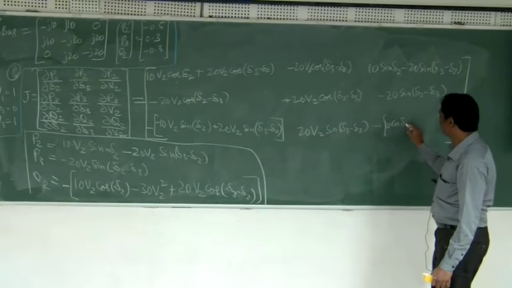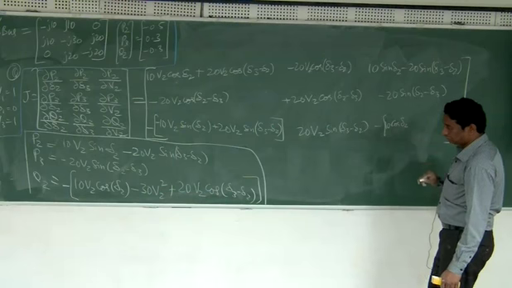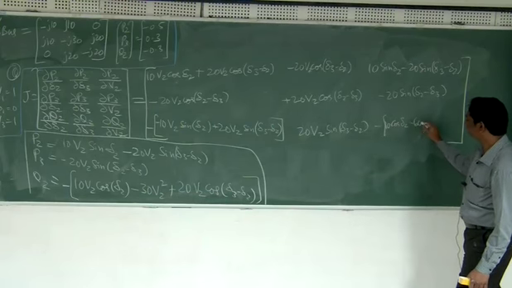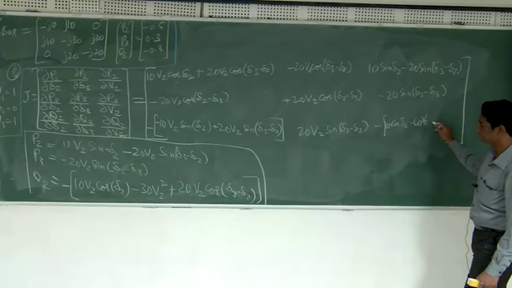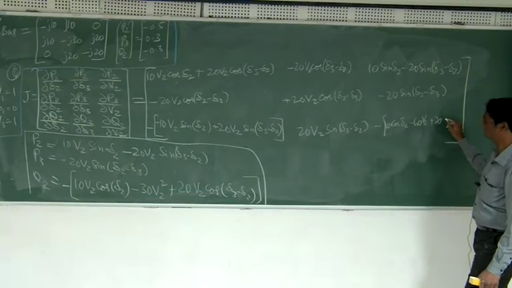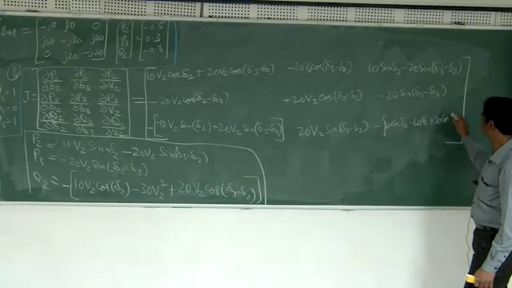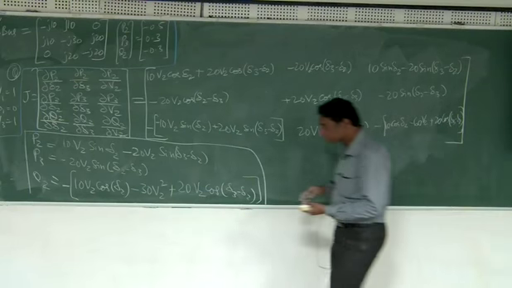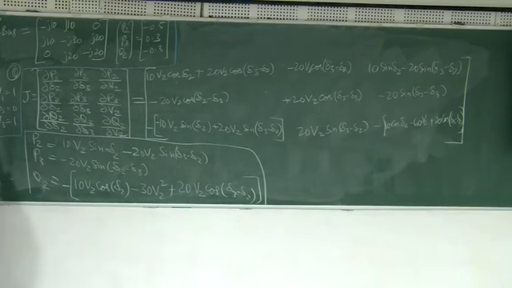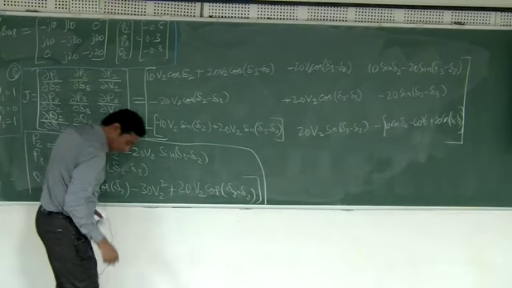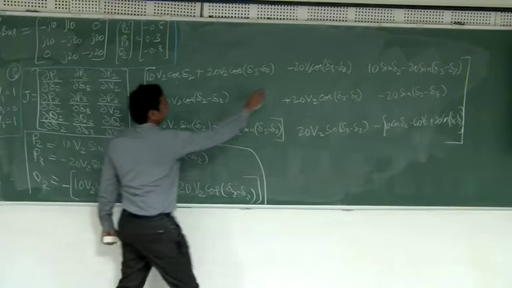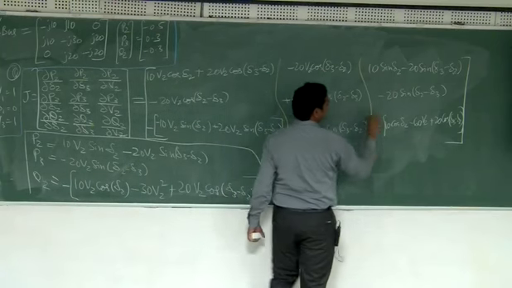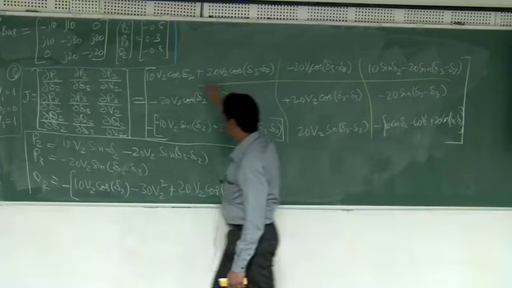Minus 10 cos delta 2, minus 60 V2 plus 20 cos of delta 3 minus delta 2, then the minus outside.